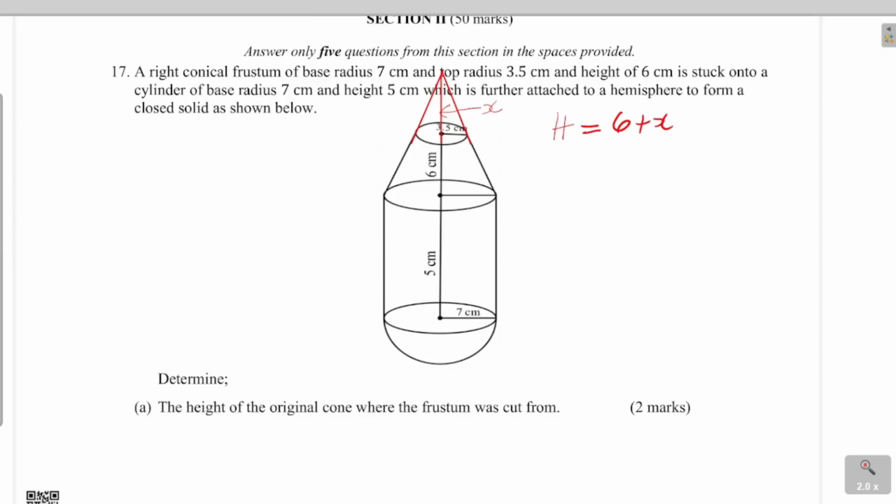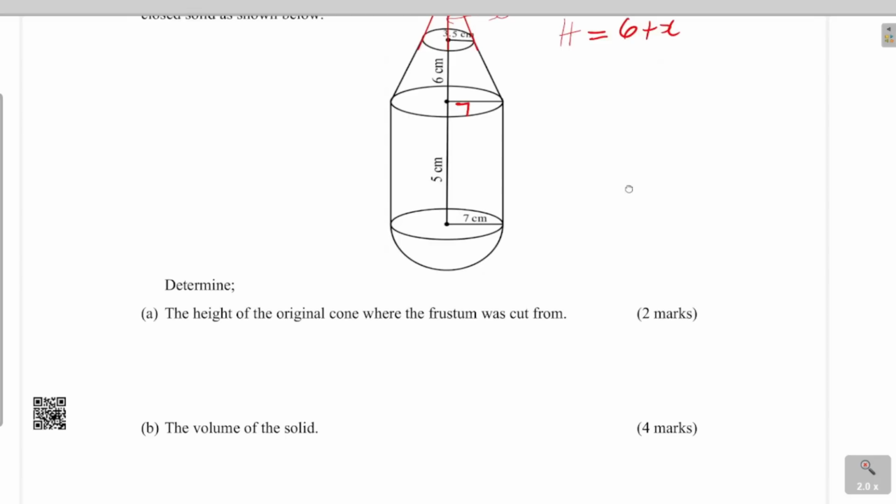So we can use the radius. The radius of the bigger cone is 7, and the smaller one is 3.5. So radius of the bigger cone over radius of the smaller cone equals height of the bigger cone over height of the smaller cone.